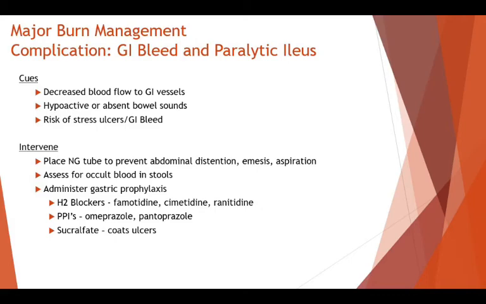It coats the ulcers. So we're hoping to see no blood in the stools if we get the stress ulcer prophylaxis in first. And then we're going to be watching bowel sounds, listening for any signs of paralytic ileus or problems with GI function.